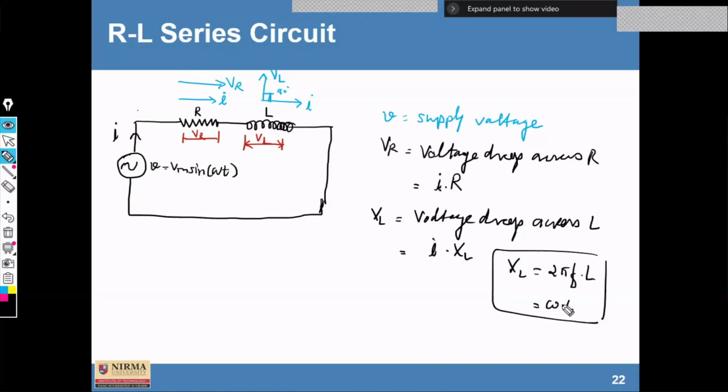So this is reactance, and it is measured in ohms.